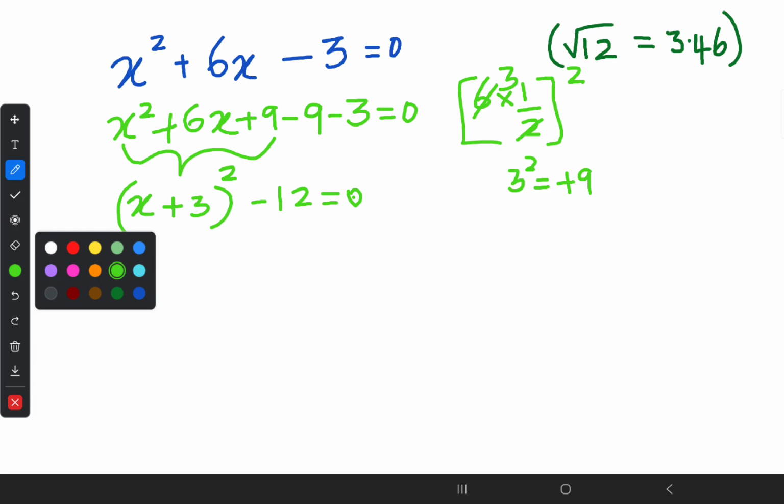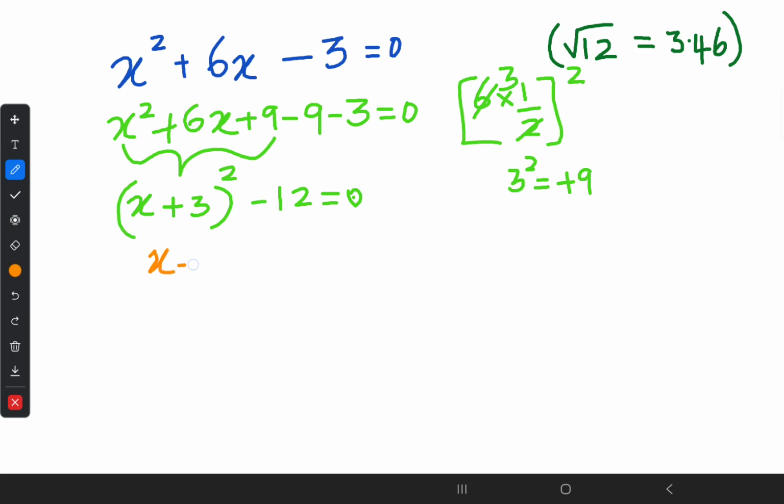Thereafter only finding the solution is left. x plus 3 square is equal to 12. Let's find the square root of both sides. The square root of x plus 3 square is directly x plus 3, and the square root of 12 would be plus or minus square root of 12. Since 12 is not a square number, we can determine it as a surd.